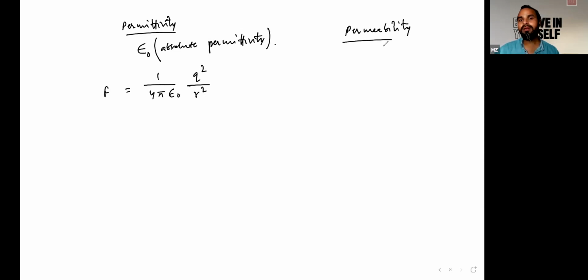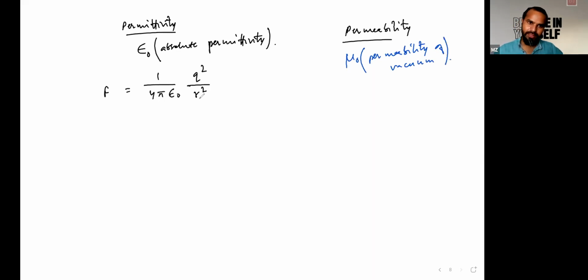Permeability is nothing but the tendency of a medium which allows magnetic interaction in that medium. It is represented by mu naught. So we can call it absolute permeability, or you can call it the permeability of vacuum.